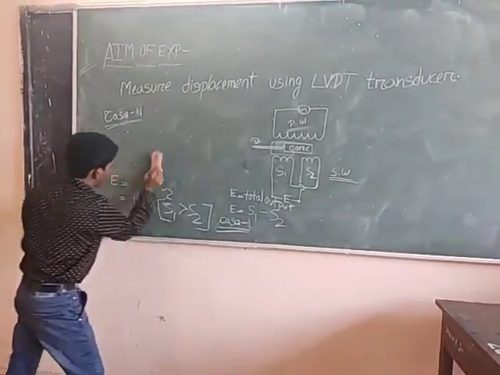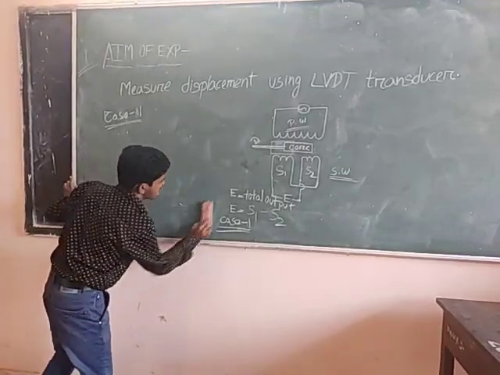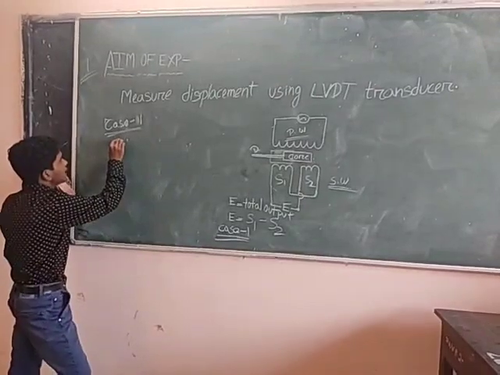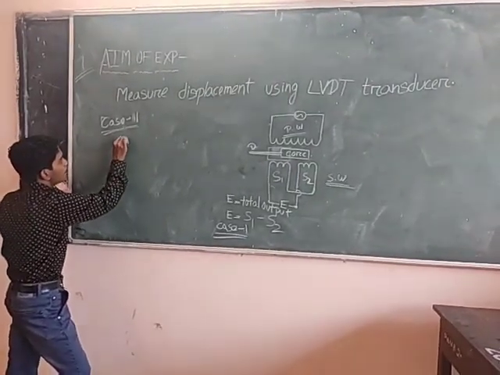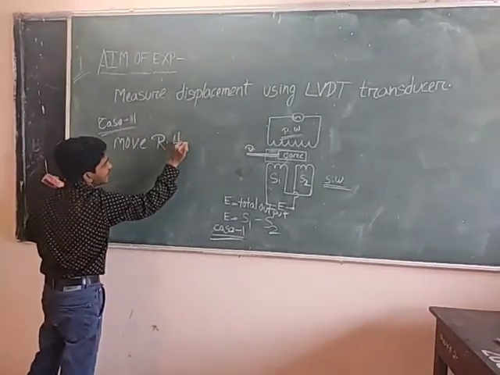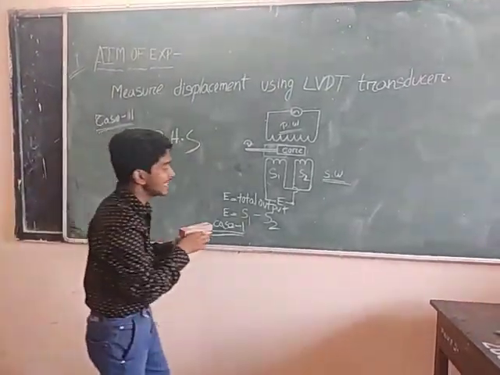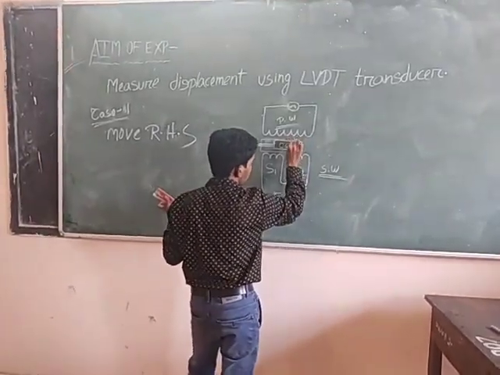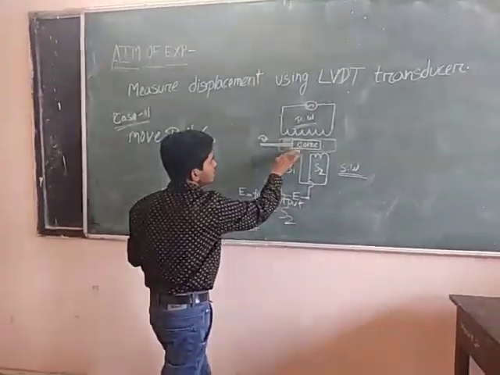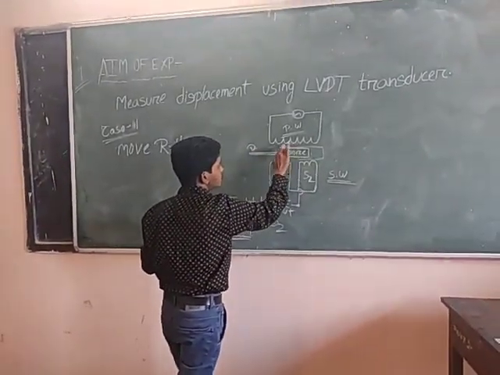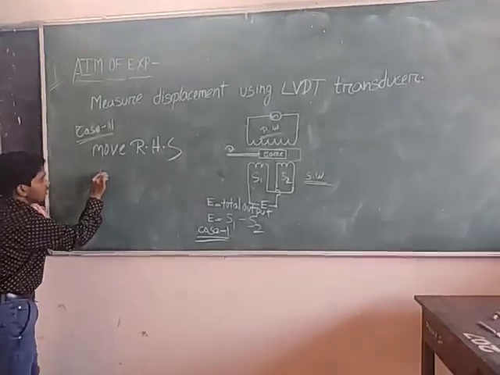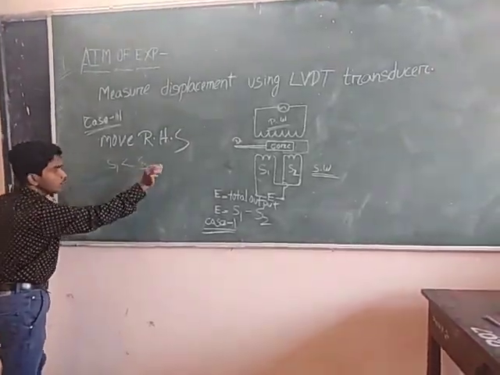Now come to the right hand side position. When the core is moved to the right hand side, moving slightly in that case, S1 is smaller than S2.